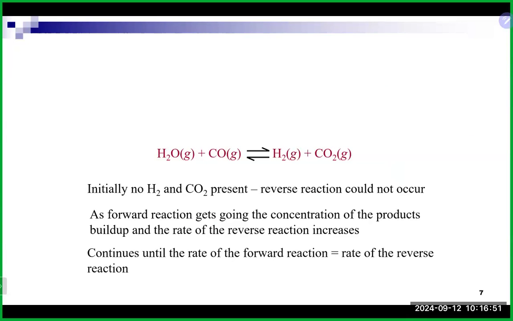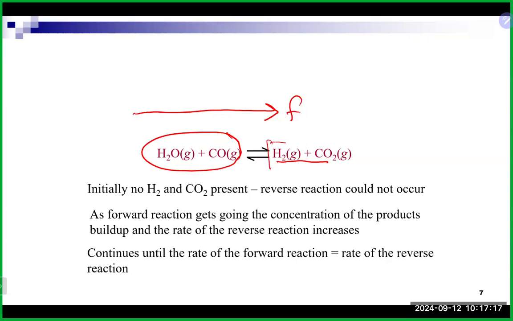Now, here initially in this reaction, if we look at water plus a little carbon monoxide, making some hydrogen gas and carbon dioxide, we could probably assume that there are no products present. So initially we would expect a lot of activity because the reactants are going to be able to find each other, and that will kick off the forward direction. At some point, we will see a buildup, an increase in the products' concentrations, and a decrease in the reactants' concentrations.